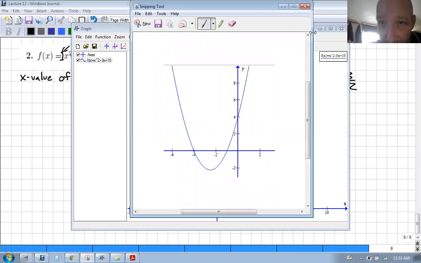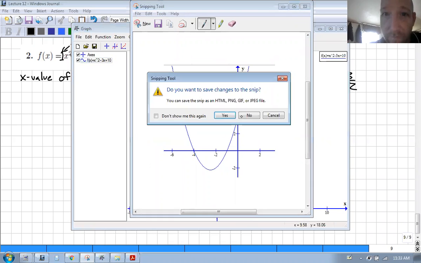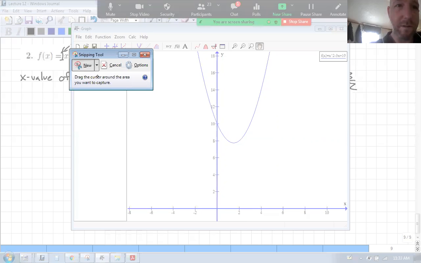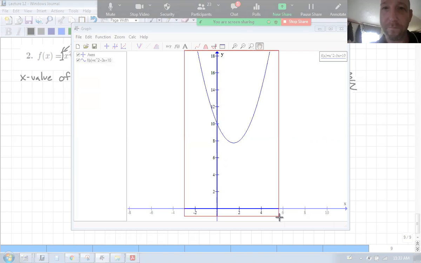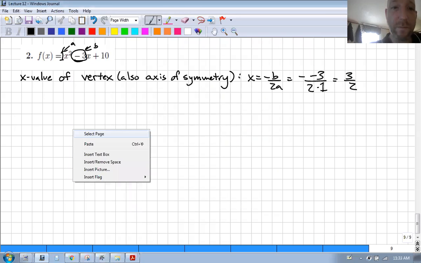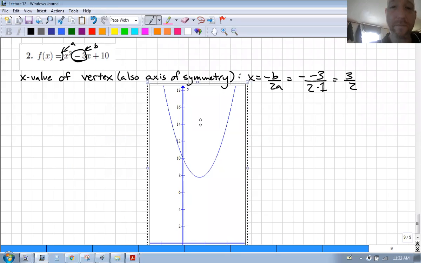Dang it, hold on. Snipping tool, new rectangular. How do I paste this thing? Hold on. Paste. Yeah, that's it.